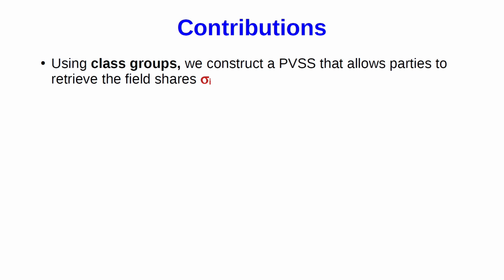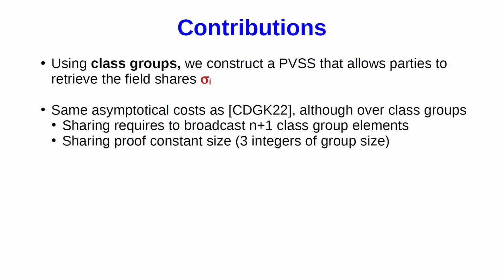So the contributions of this paper are that we are going to construct a PVSS that allows to recover these field shares. And we are going to do that using class groups. Now, one thing I didn't say here is that PVSS is secure against any honest majority. So 2t is smaller than n/2.